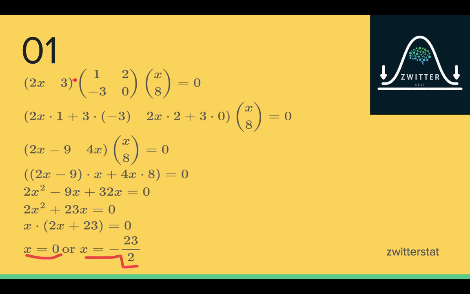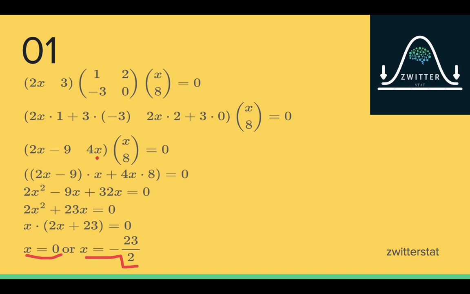So 2x times 1 plus 3 into minus 3, and I will get 2x minus 9 as my first element. Similarly, 2x into 2 and 3 plus 3 into 0 gives me the second element, which is 4x. So now 2x minus 9, 4x, is multiplied with my column matrix x, 8.